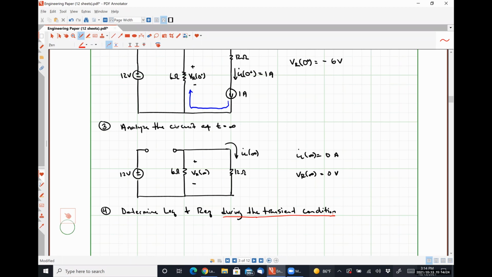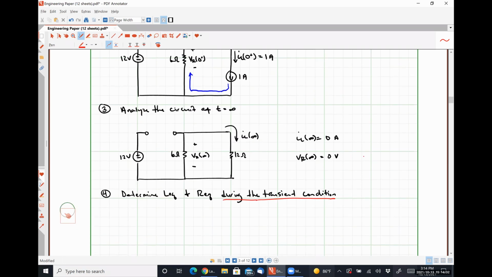So that means we're looking at how it behaves for t greater than 0 plus. So to analyze this, let's start with LEQ.